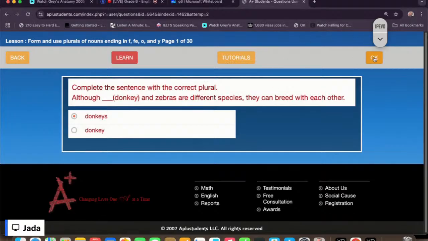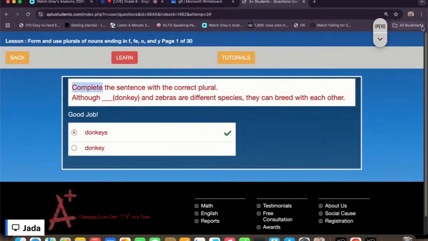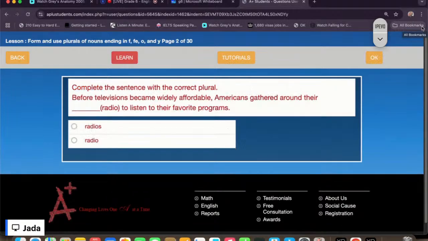All right, so we have donkeys with S, right? Okay, perfect. So next up we have: before televisions became widely affordable, Americans gathered around their radios to listen to their favorite programs.